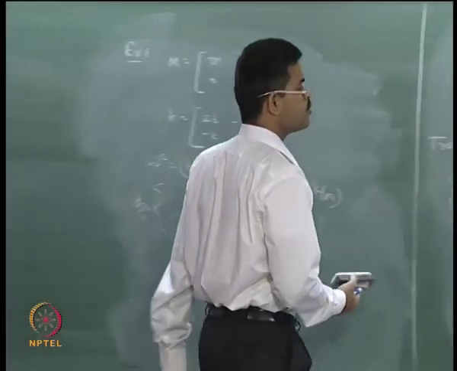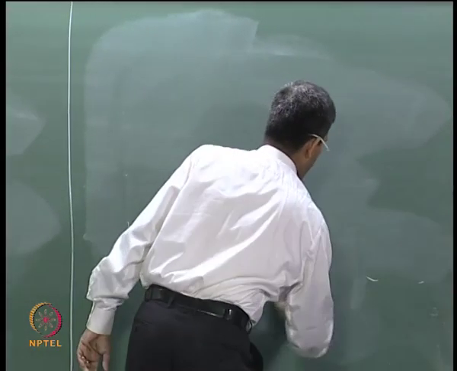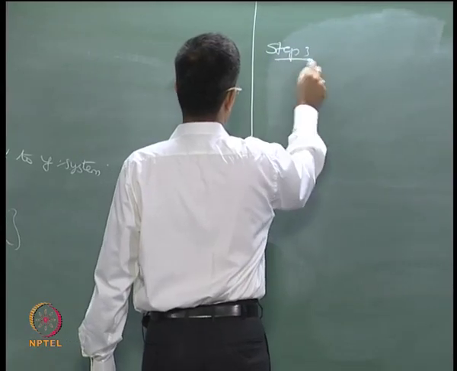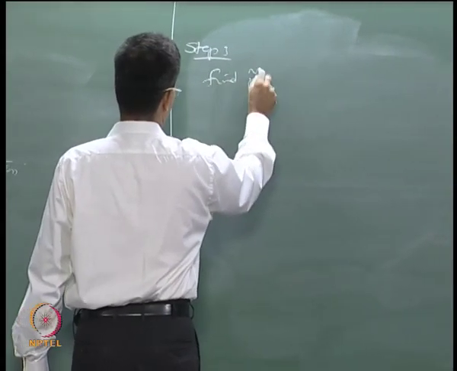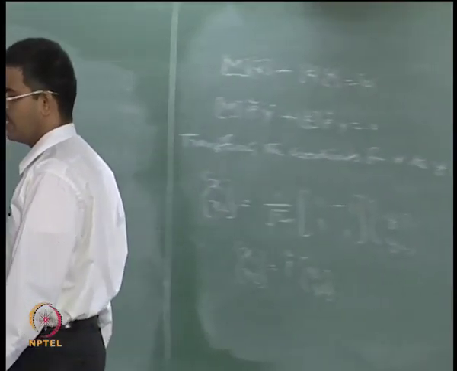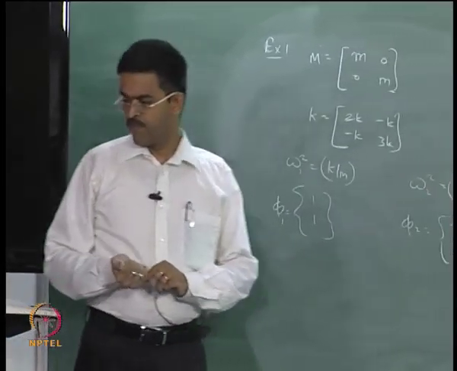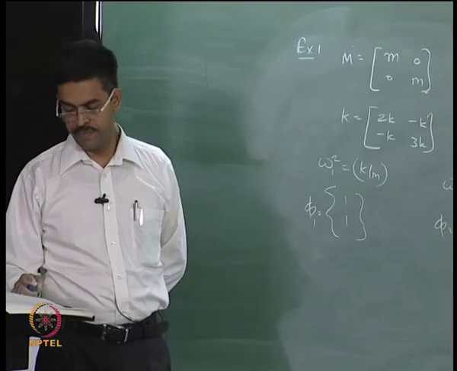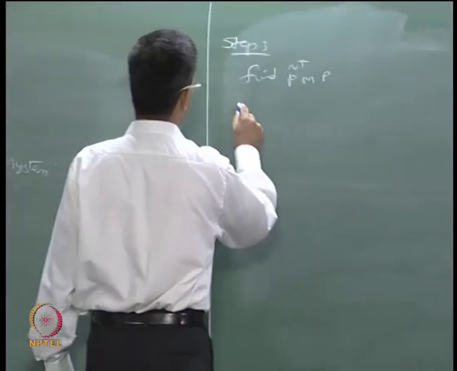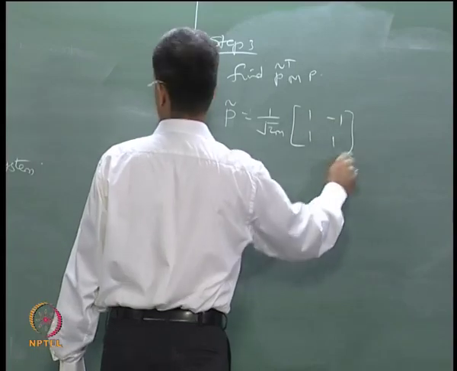So now let us see what happens to my P tilde M P. Can I quickly find out what is P tilde M P? Step number 3, find P tilde transpose M P, because I need it here. So P tilde matrix is nothing but 1 by root 2 m of 1 1 minus 1 1, is that right?